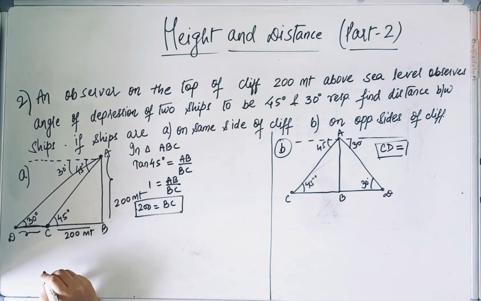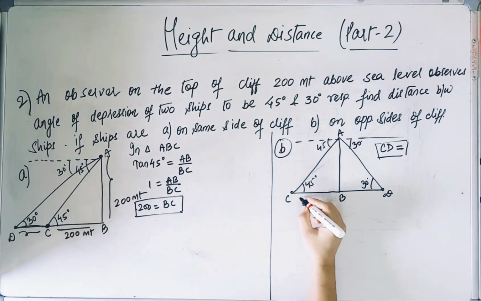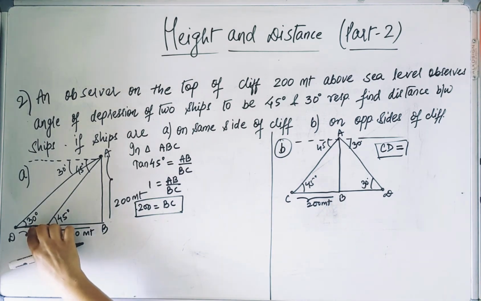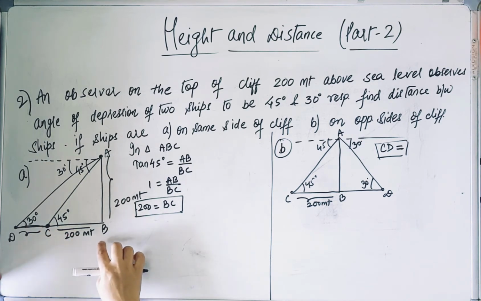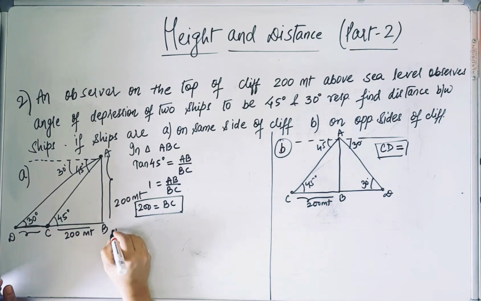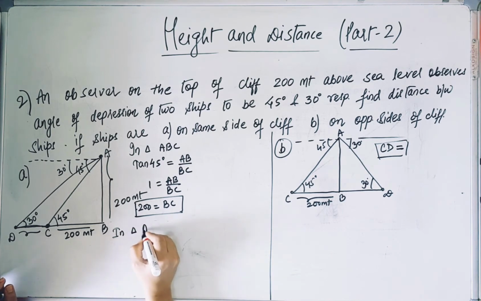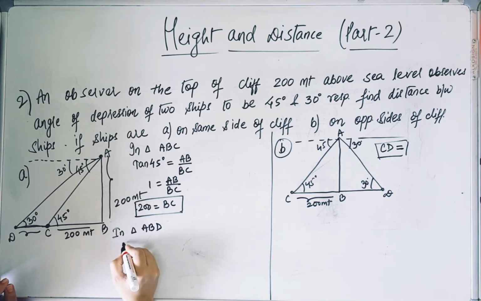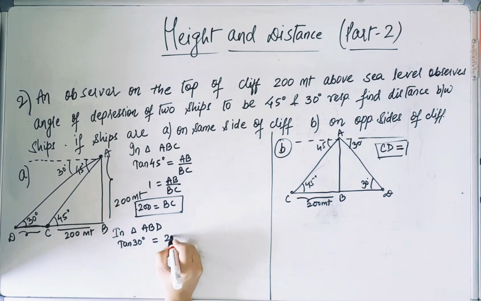We got it. Similar manner, we'll get here also 200 meter BC. Now we have to calculate CD. So if we have to calculate CD, we need to calculate BD. So I'll again take in triangle ABD, tan 30 is equals to 200 by BD. Tan 30 is 1 by root 3.